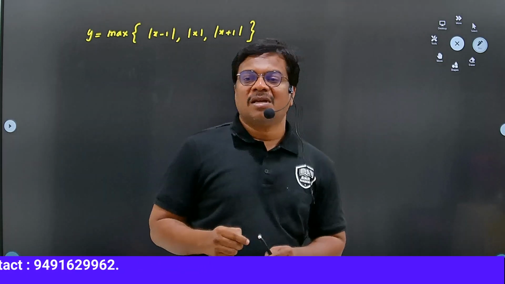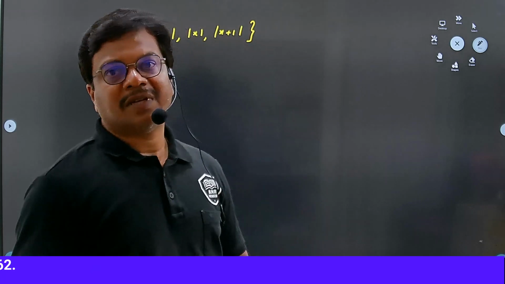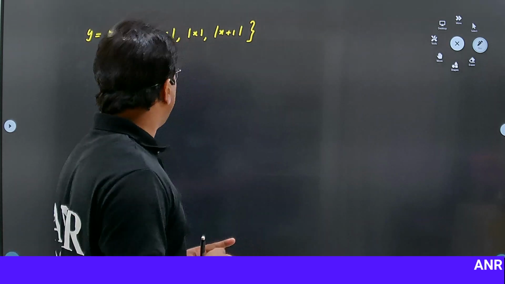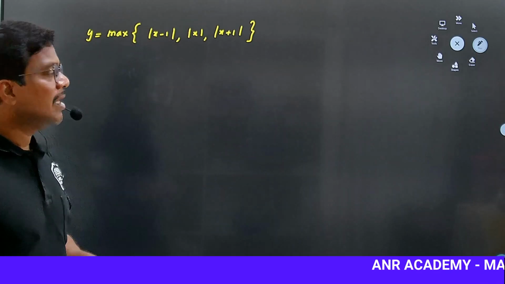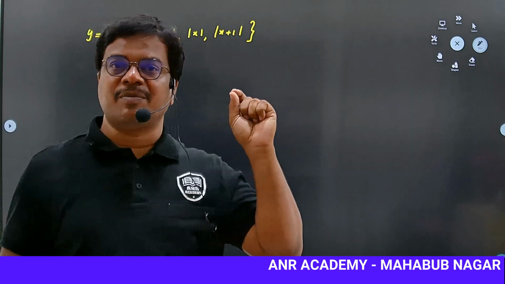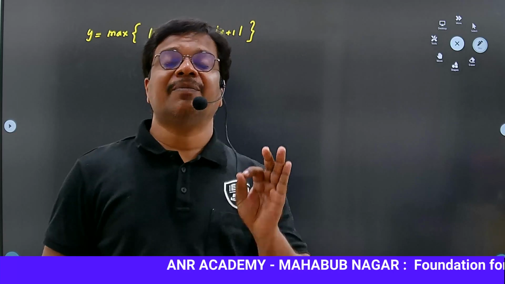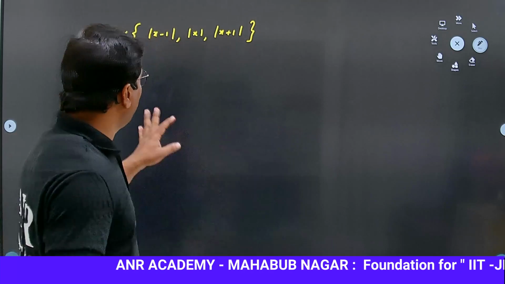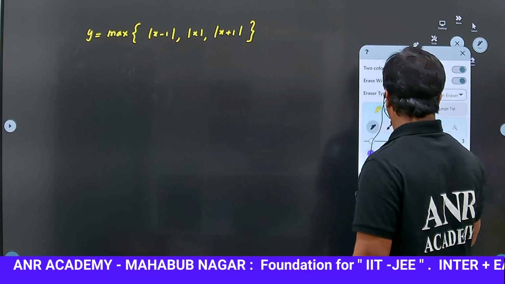Here the required function should be the maximum of the three functions given: mod x plus 1, mod x, modulus x minus 1. Let us draw the graphs of mod x minus 1, mod x, mod x plus 1 at a glance, and then decide the maximum part. Out of these three, only the maximum part you have to choose.